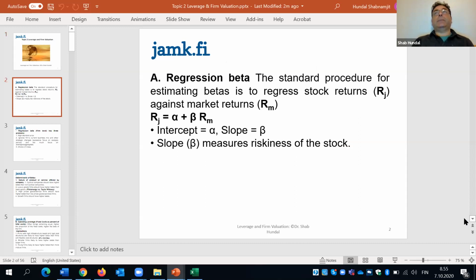We need to recap something about the regression beta. Remember one thing I want to share with you: the beta that you calculated in task 2 and 3, and even 4, is called levered beta. Why do we call it levered beta? Because when you calculate it from the stock price, it incorporates the fact that companies also have debt.